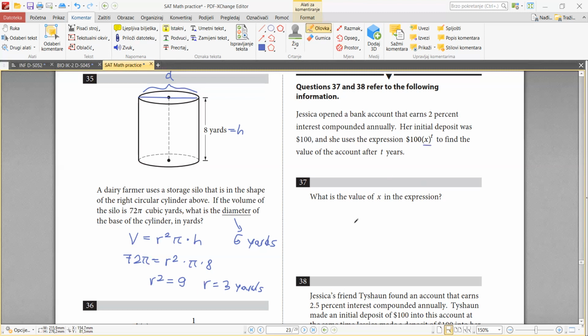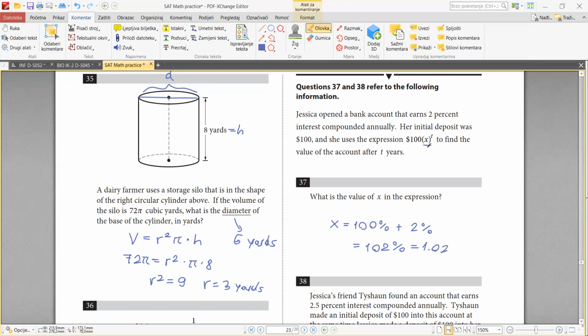X is here, and x should be 100% plus 2% interest, 102% or 1.02.